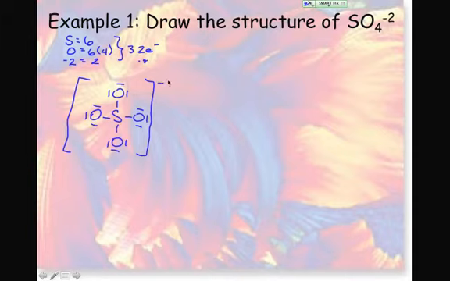And then this overall structure has a -2 charge, and it seems like that should work out just fine, right? Well, let's check what's called the formal charge. You see, the sulfur, like we said, has 6 valence electrons. So for sulfur, I start with 6 valence electrons, and then we subtract any electrons that are assigned to the sulfur in the molecule.